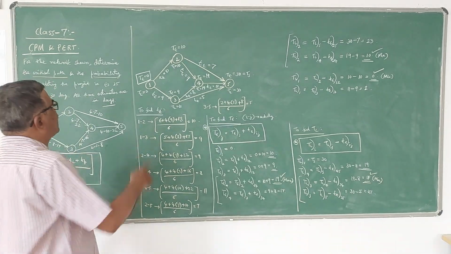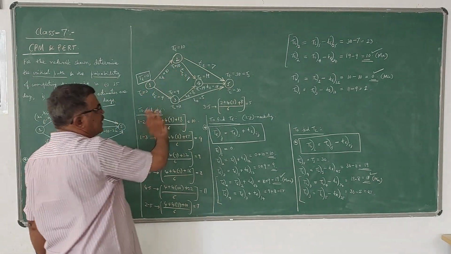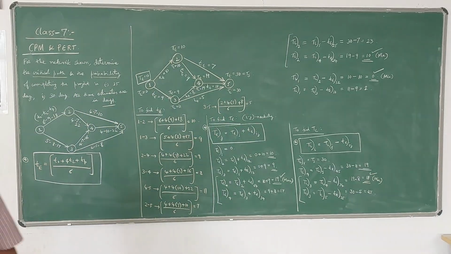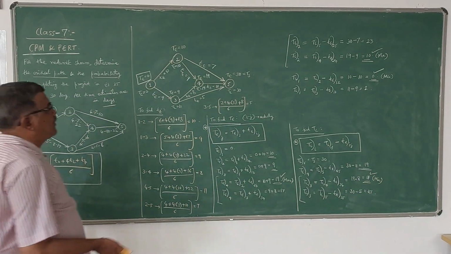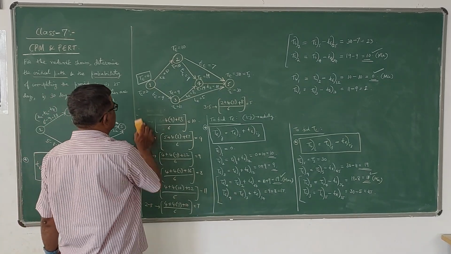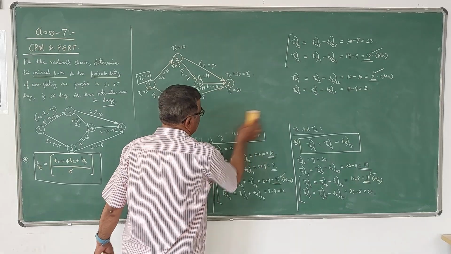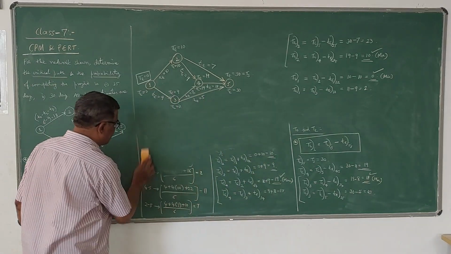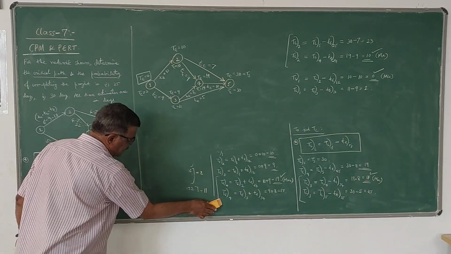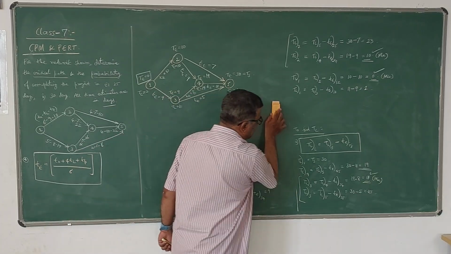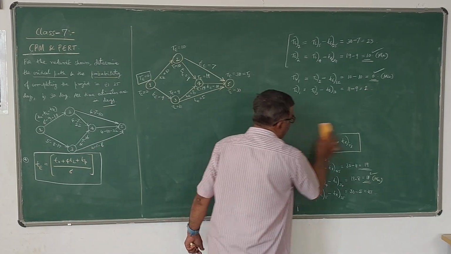Now this is how we have to calculate TL. Once you have calculated TL and TE, the next thing is slack we have to calculate. Slack, that we can do in the form of a table. Once you know the slack, then the critical path can be determined. Now let us calculate slack for each event. Slack is given by TL minus TE, that you know.